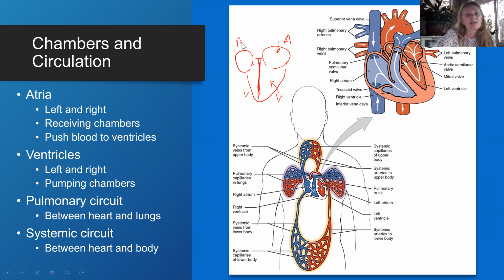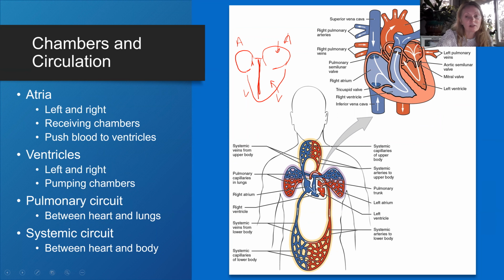So we have the right atrium, left atrium, right ventricle, and left ventricle. The atria, left and right, are receiving chambers, and they push blood to the ventricles. The ventricles, left and right, are pumping chambers. They pump blood to your body.